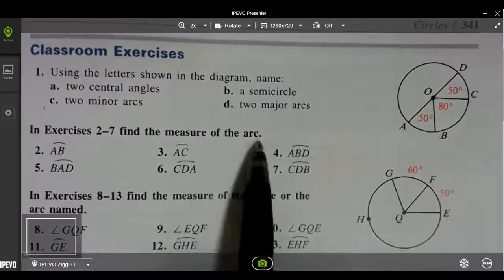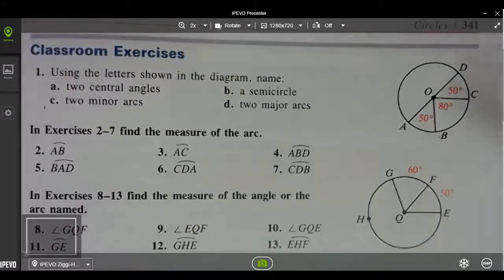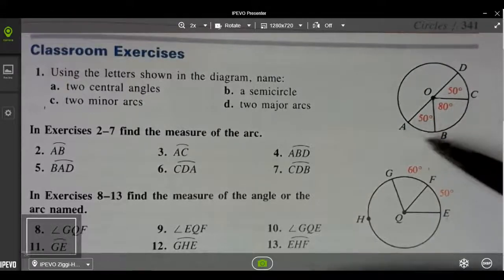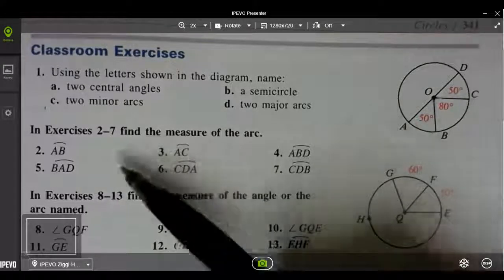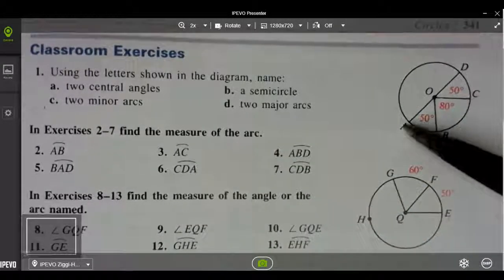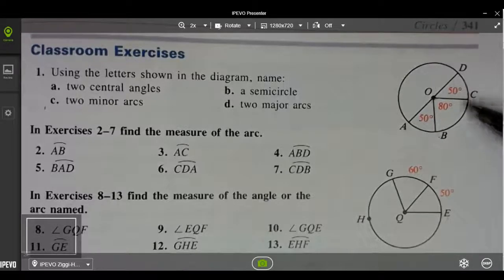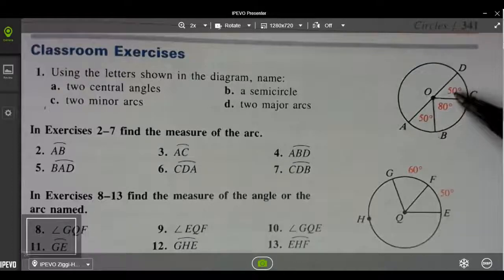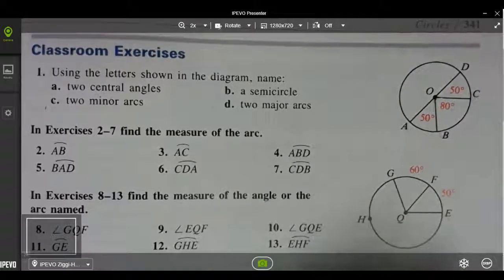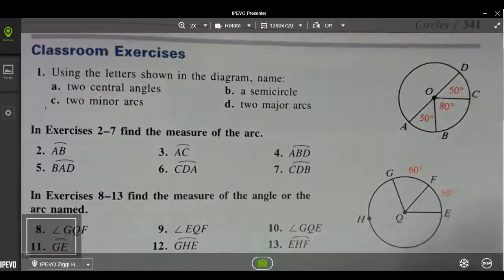Find the measure of the arc AB. So the arc AB is 50. It's written there. AB is 50 because that's the angle. Next, AC is made up of arc AB and BC.